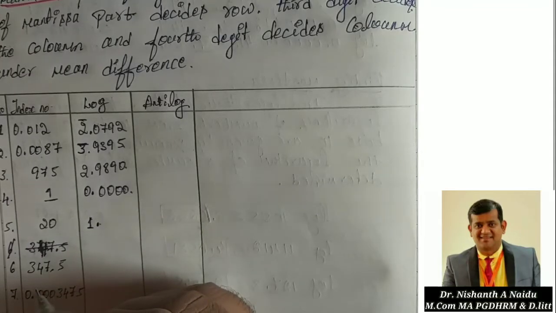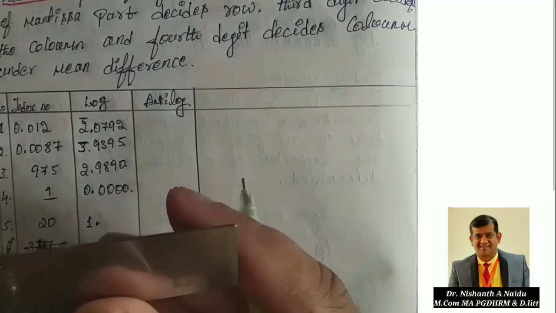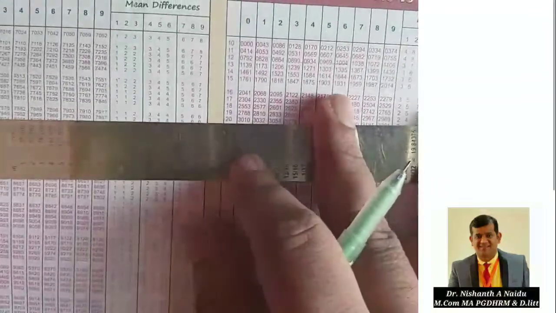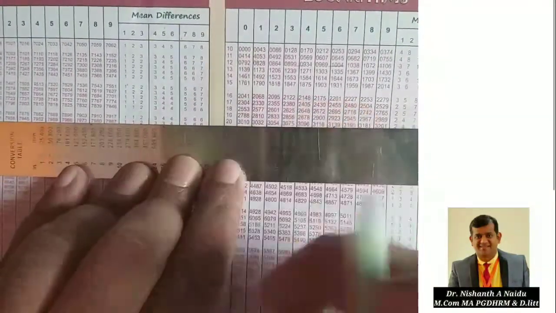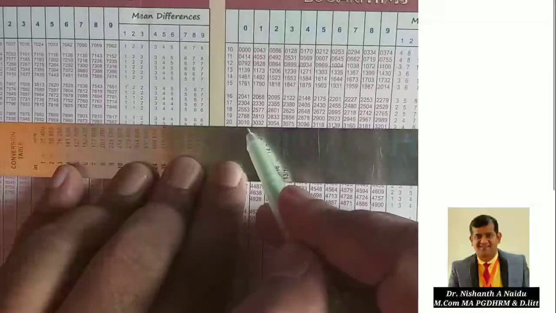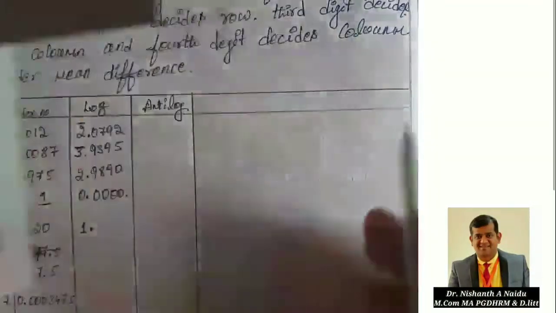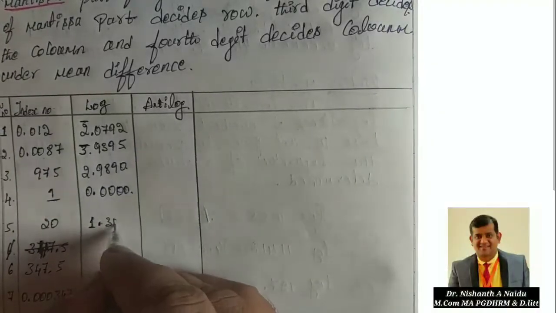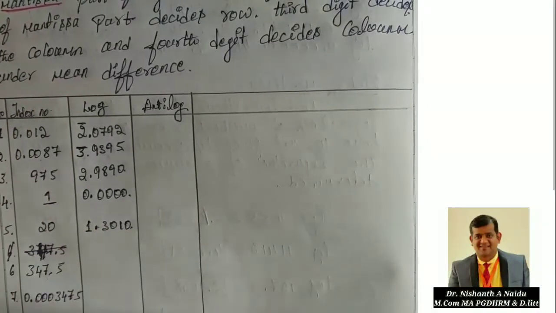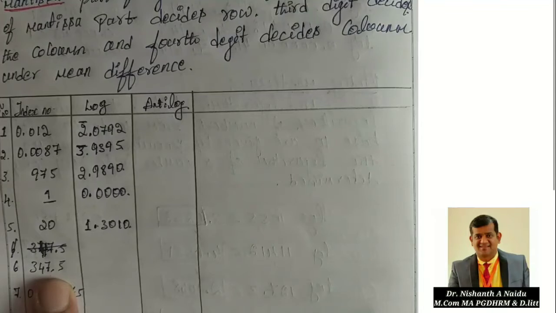Now we have to find 20 in the 0 column. 20th row, 0 column: 3010. So I am writing 3010. Clear?